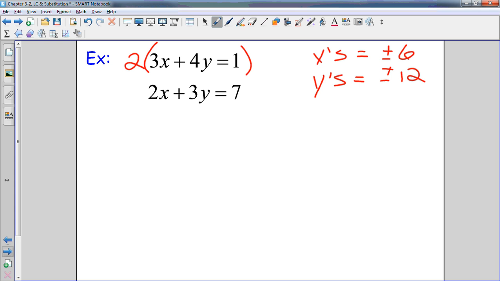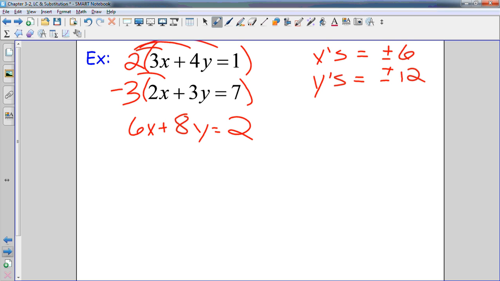So that's going to give me 6x plus 8y equals 2. Now, what do I have to multiply this equation by to get this to a negative 6, so that when I add them, they cancel each other out? Negative 3. So I have negative 6x minus 9y equals negative 21.